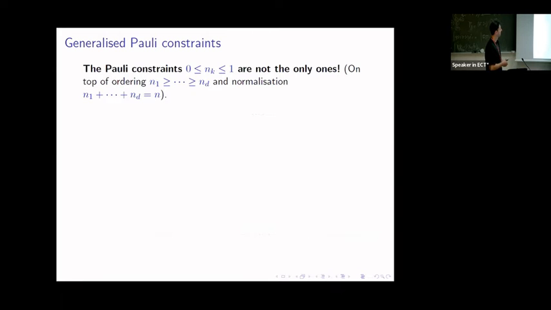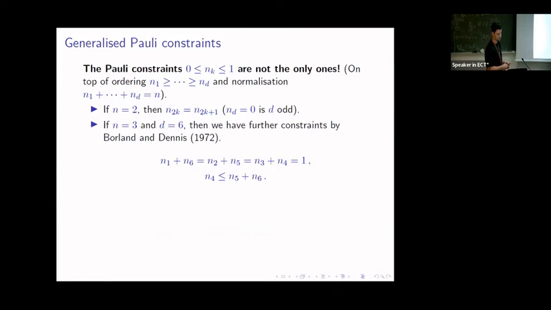But this is not the entire story, because we know that there exist generalized Pauli constraints. So on top of the ordering and the overall normalization, there are also some extra constraints. For instance, if we have just 2 electrons or two fermions, then we know that the spectra are pairwise occupied, right?